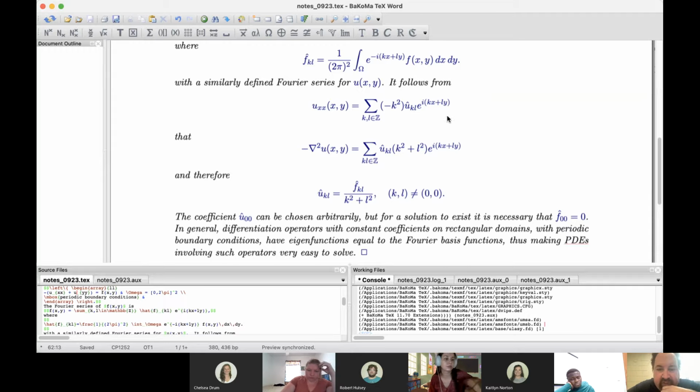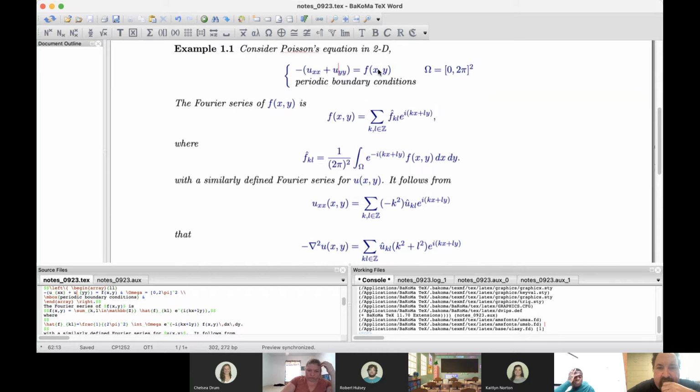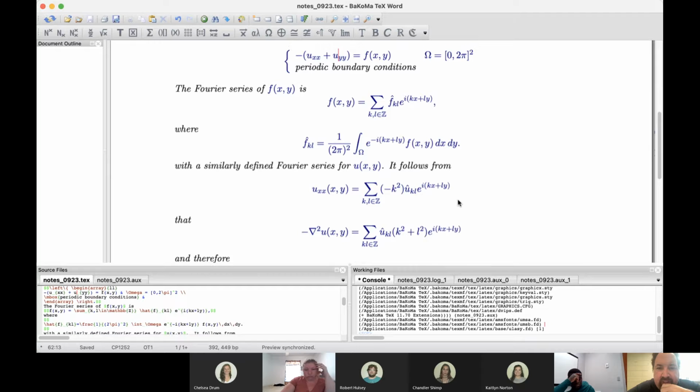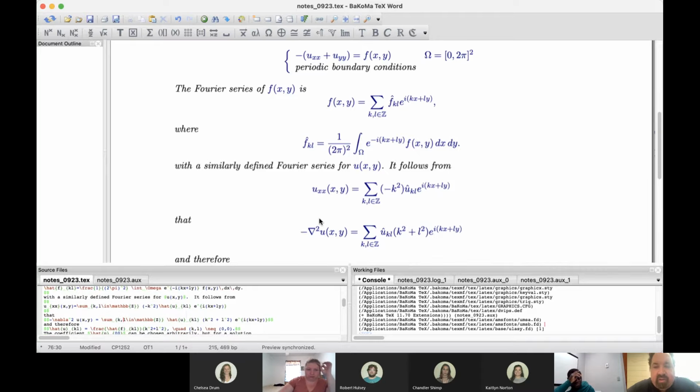Okay, so when you have a PDE with constant coefficients on a rectangular domain and periodic boundary conditions, that's a very easy PDE to solve, as this example shows. So we actually have a formula for a solution. Now, for a numerical approximation, we'd have to cut off the series at some point.